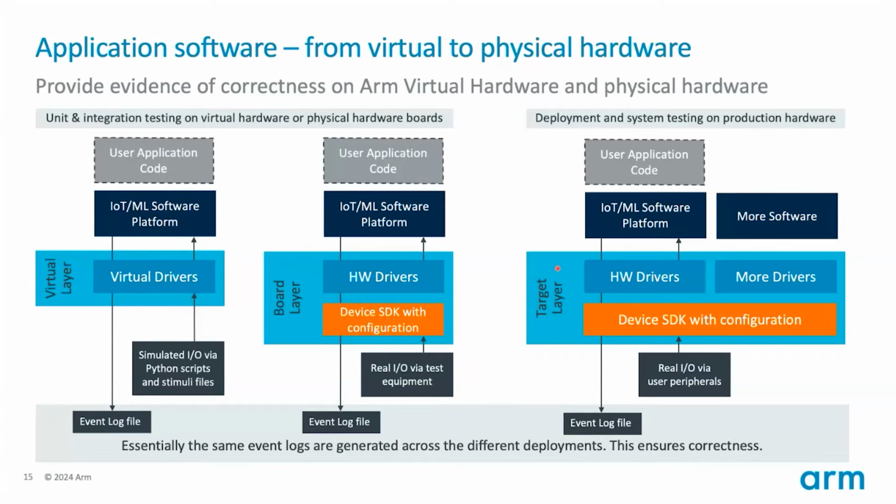And once your hardware department has created your custom hardware, the one that you really want to ship to your end customers, then you just need a different target layer with, of course, the hardware drivers for the target, maybe some additional drivers, SDK configuration, and you can also run this real I/O via the user peripherals.